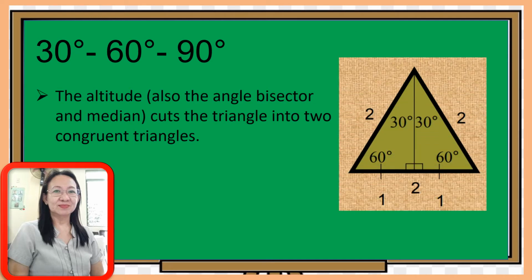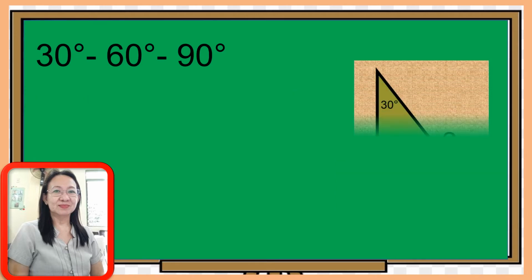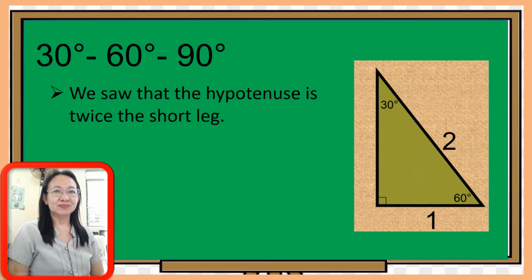The altitude, which is also the angle bisector and median, cuts the triangle into two congruent triangles. Have you observed that in the figure? So this is the other half.